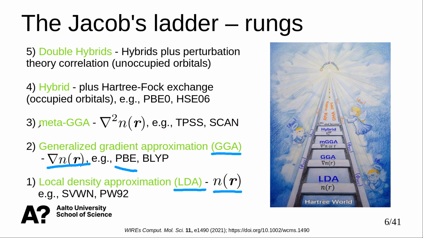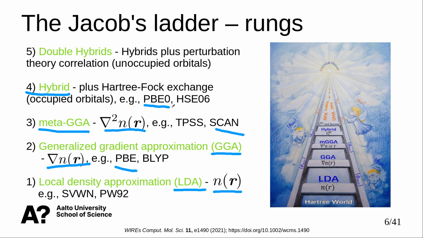On the third rung, we have the meta-GGA. It depends on the second derivative of the electronic density. A good example here is SCAN, which is quite known, or r2SCAN, which is a newer development of that. On the fourth rung, we then have the hybrids. They now add some Hartree-Fock exchange to the functional, and what that provides us with is occupied orbitals. And for that, we describe, for example, band gaps more accurately.